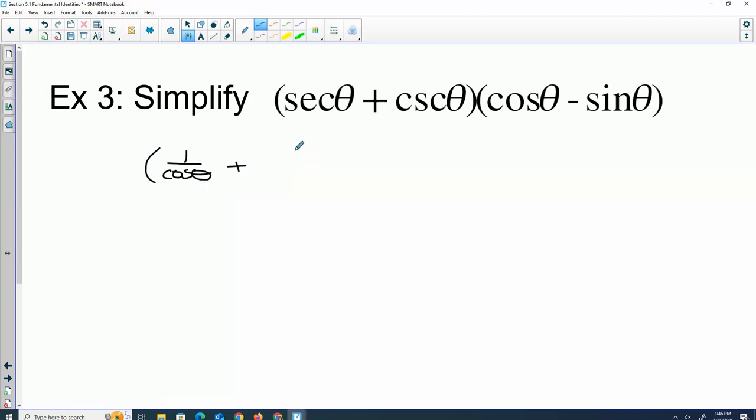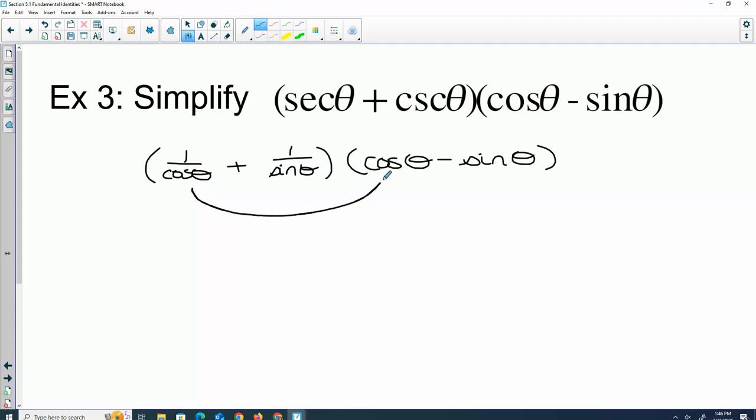What is cosecant? Times cosine theta minus sine theta. So this is multiply. That means we can FOIL here.